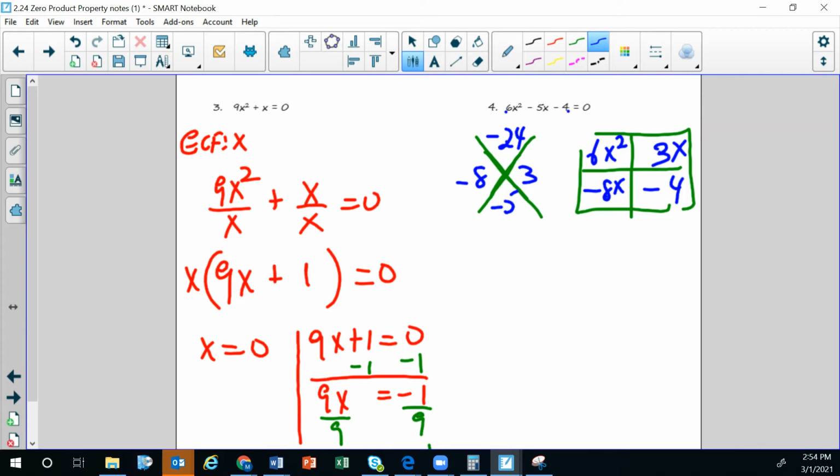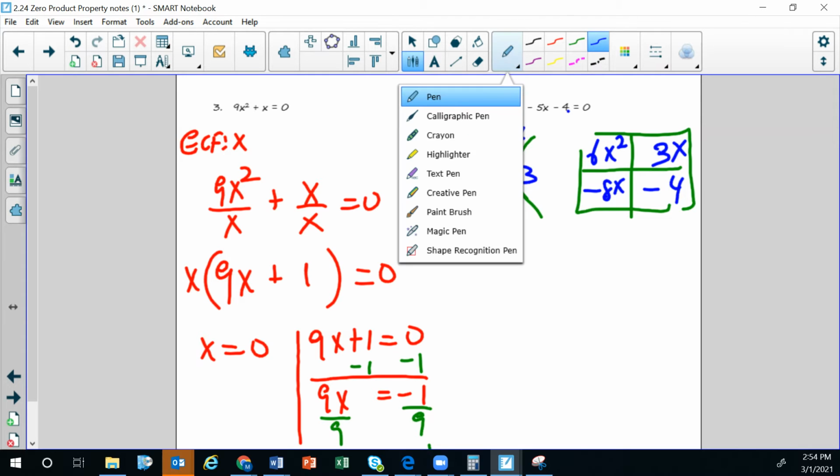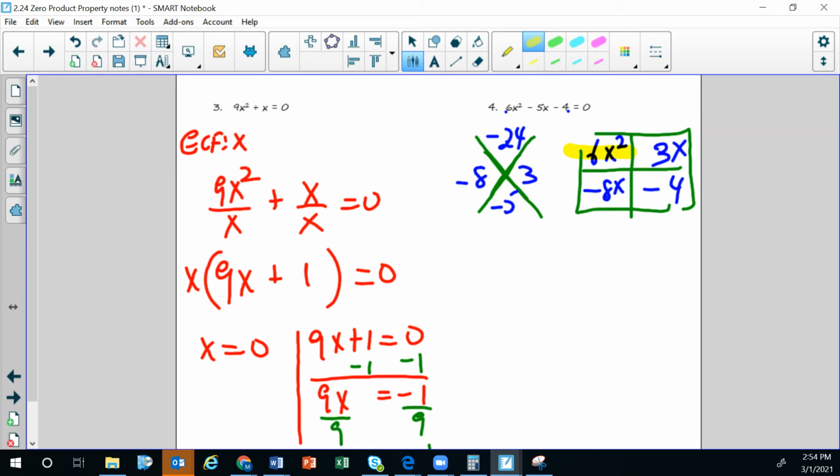And for the top row, my greatest common factor is going to be, let's see, I have 6 and 3. The highest common factor between 6 and 3 is 3. And for x squared and x, the highest common factor is x. If this is 3x, then you know this is going to be 2x.